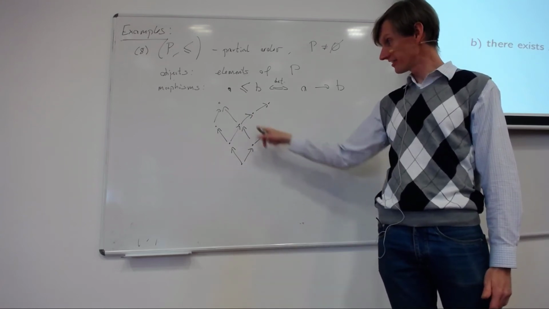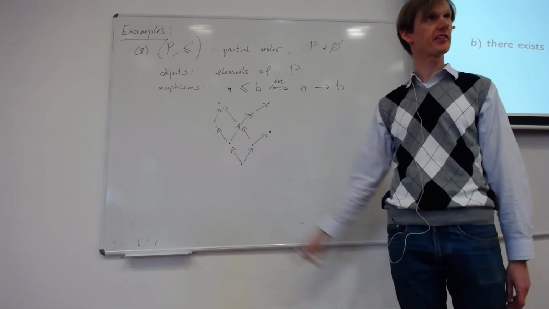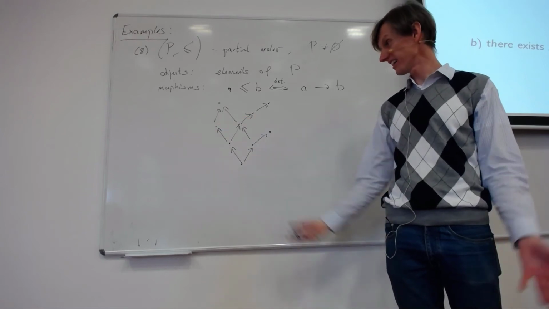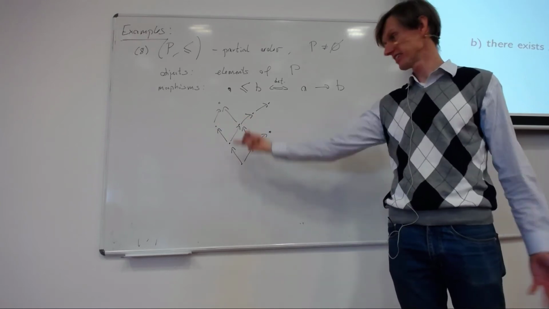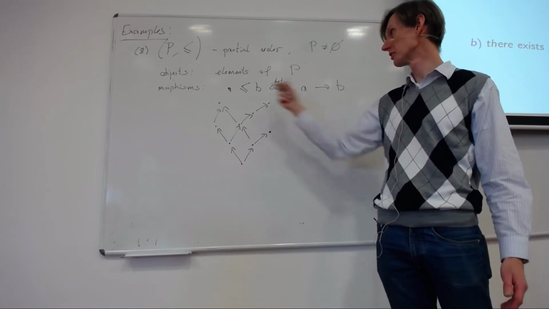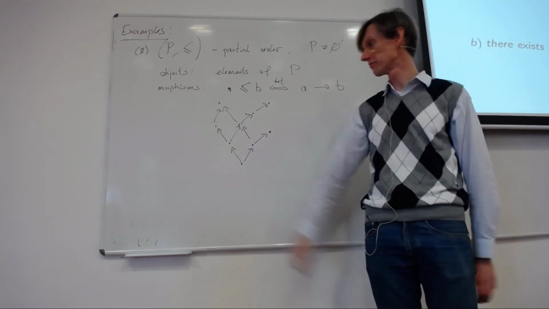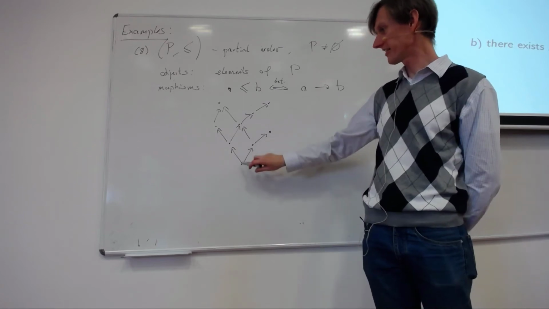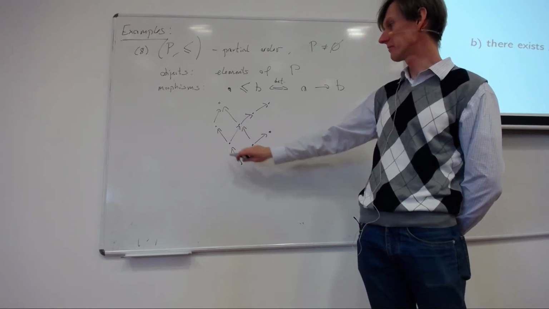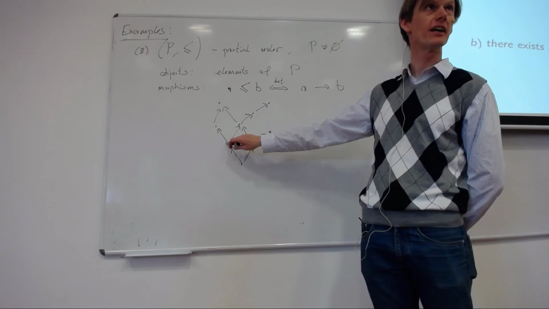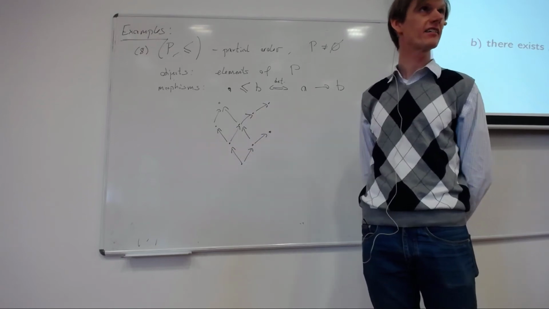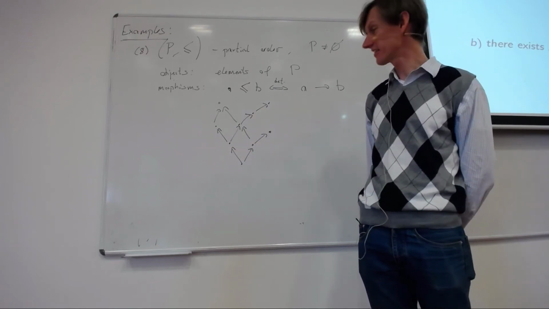And arrows, those morphisms in our category, they are not functions. They somehow relate to this relation of partial ordering, but you cannot say that we have a function from this point to that one, because that wouldn't really make much sense.